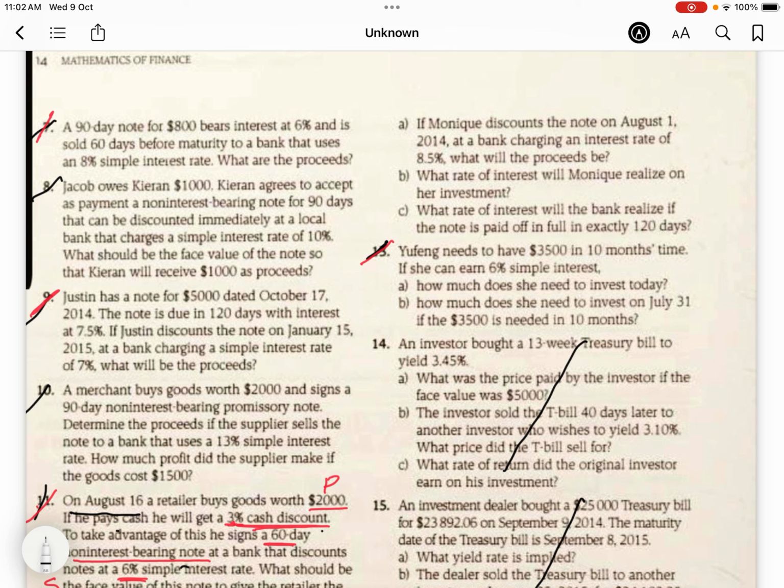This means that this will be S. How much does she need to invest today? How much does she need to invest on July 31 if the 3,500 is needed in 10 months?